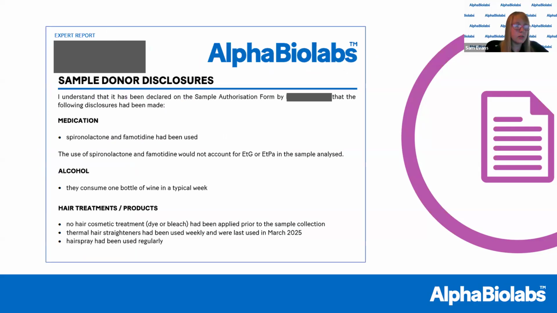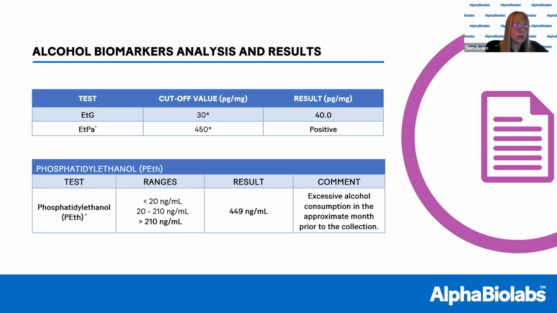So in this case, the client disclosed 1 bottle of wine per week, no hair dye, but regular hairspray and heat straightener use. The client also declared some medication, but the declared medication in this case would not affect the ETG or ETPA or the PEth results. The ETG was reported at 40 picograms per milligram, and ETPA was also positive.